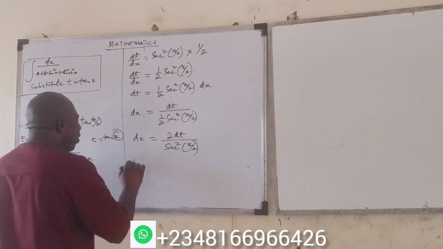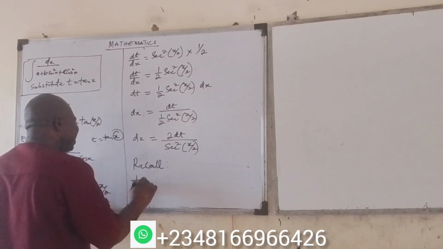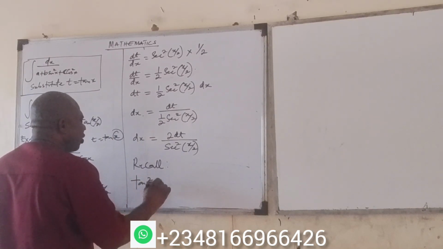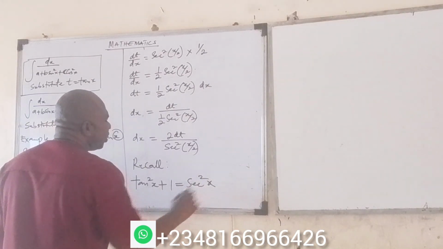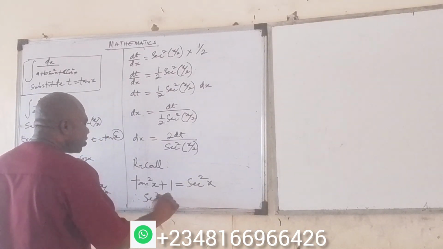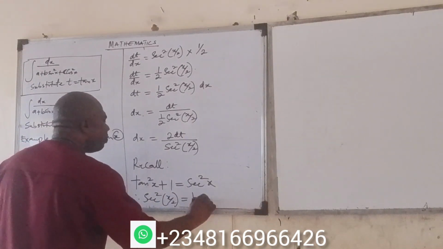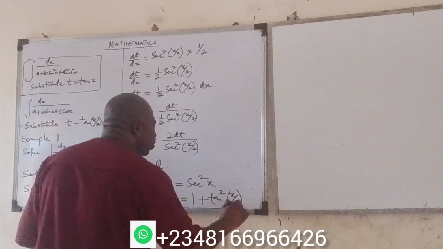Then recall, tan squared x plus 1 is equal to sec squared x. So it therefore means that sec squared x over 2 is 1 plus tan squared x over 2.